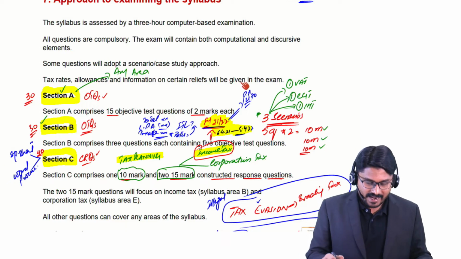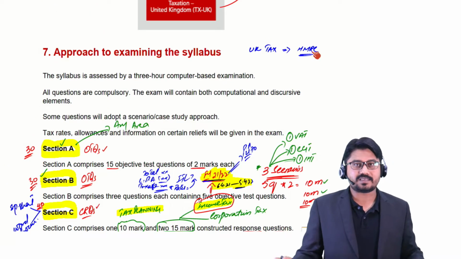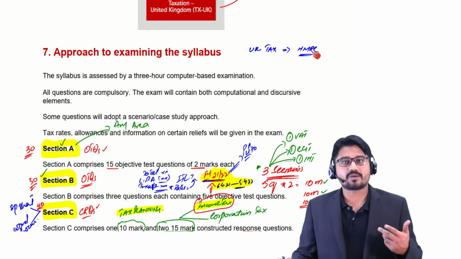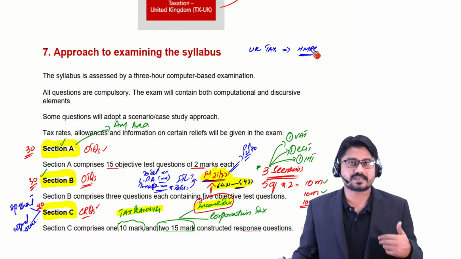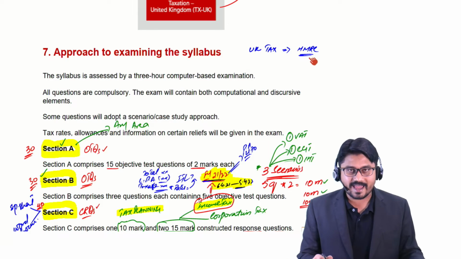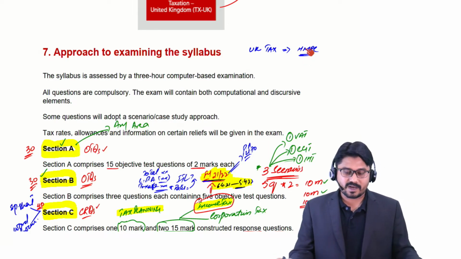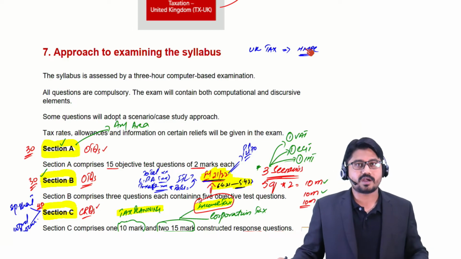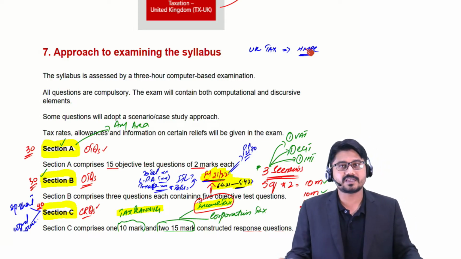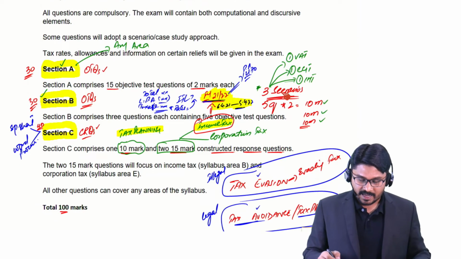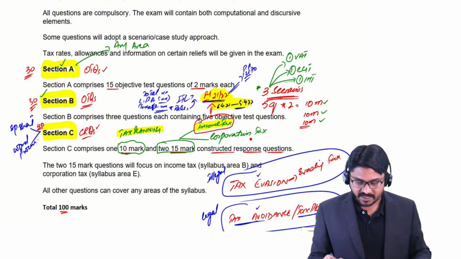And all the guidance is given by HMRC on how to calculate taxable income, what the tax rates are, and how to apply the tax rates. All the guidelines are given by HMRC, and HMRC is the UK taxation authority who deals with the tax affairs in the UK.